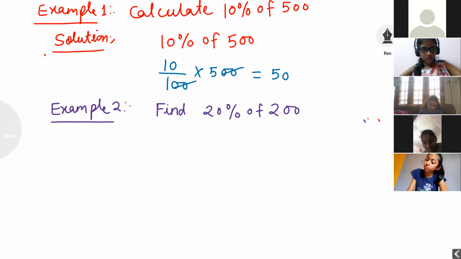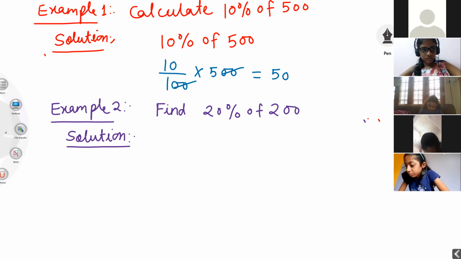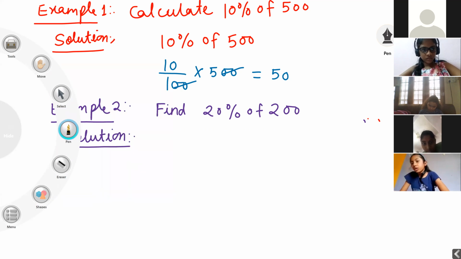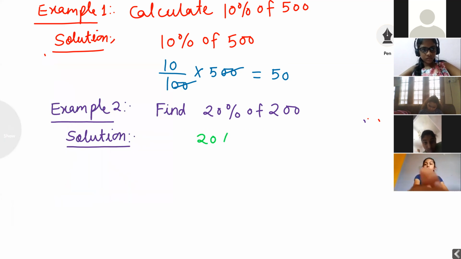Start solving, everyone, along with me. Find 20% of 200.